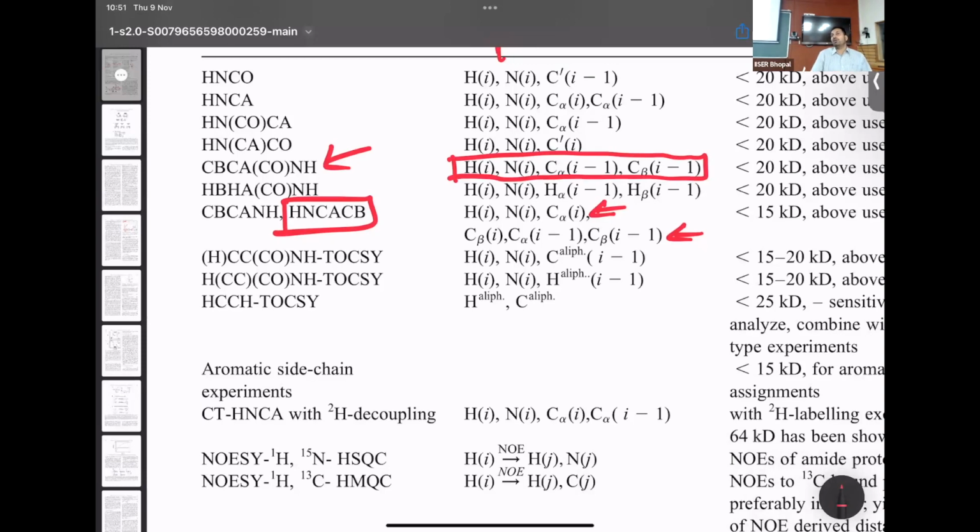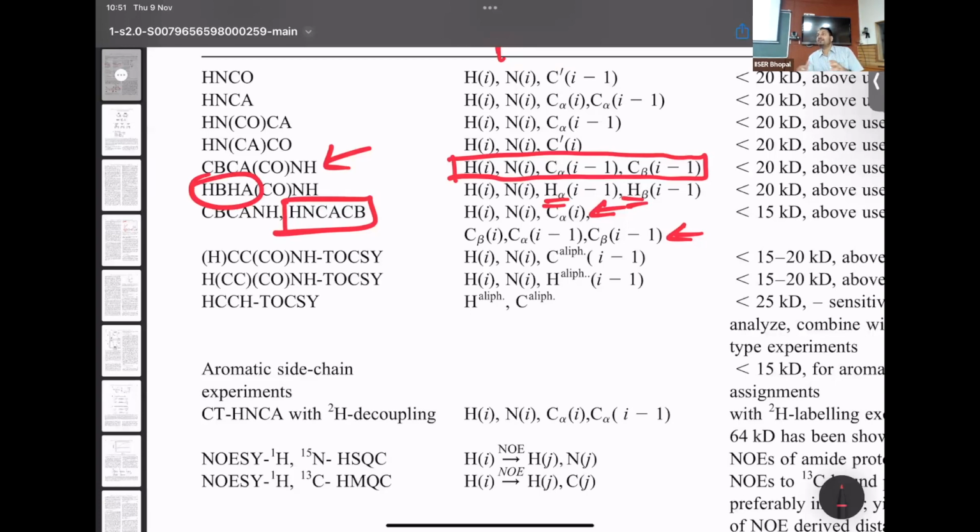So slowly you have clubbed experiments like HNCO, HNCACO, HNCA, HNCOCA, CBCACONH and HNCACB to get I and I-1 for carbonyl carbon, alpha carbon and beta carbon. You don't have to stop there. You can extend this to also get the H alpha and H beta chemical shifts, which are proton chemical shifts.